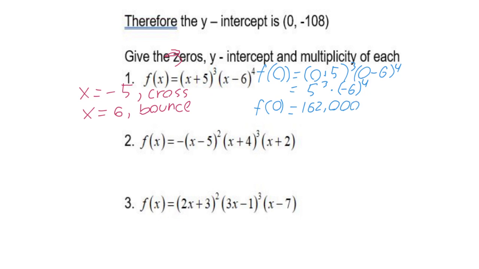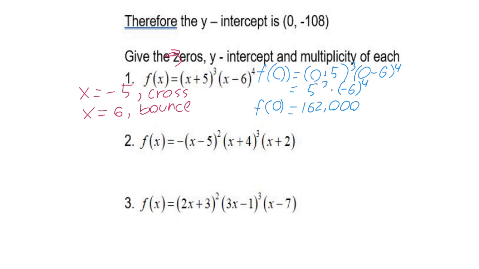So this will cross the y-axis just really high up. No, I won't have you graphing any of these things that have that high of a y-intercept. You might need to evaluate them. You might need to do what we did here, but you won't necessarily need to graph them out.